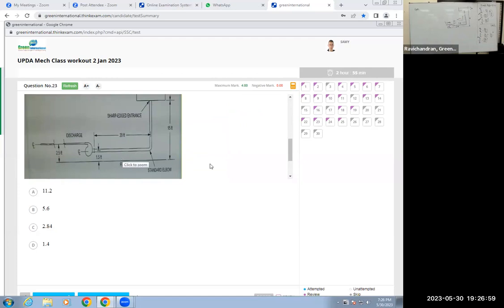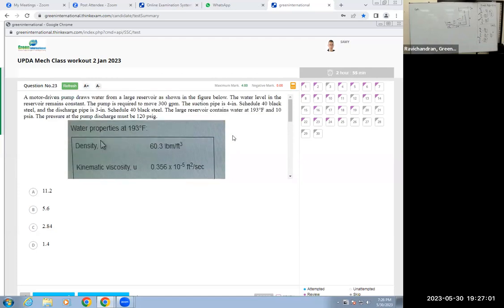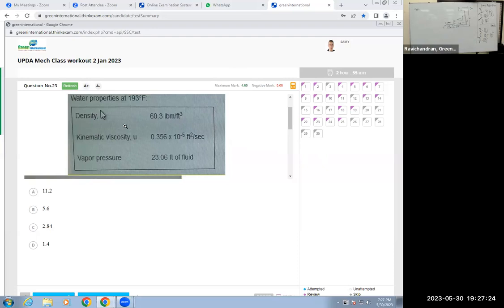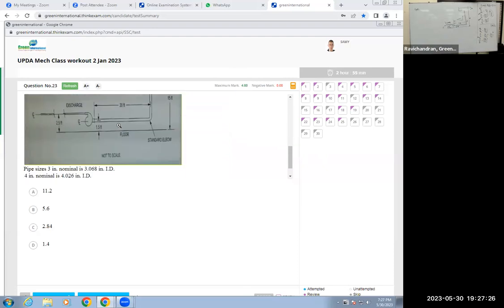The suction pipe is 4-inch, schedule 40 black steel, and the discharge pipe is 3-inch. So this is the 4-inch pipe, and the discharge pipe is 3-inch. The large reservoir contains water, and the temperature and the pressure are given.